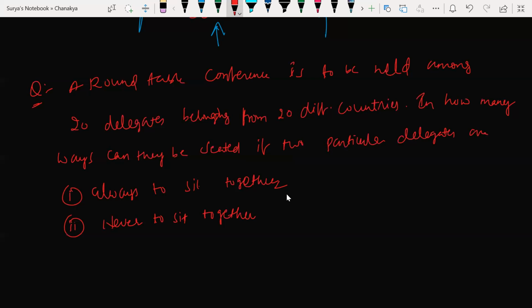A round table conference is to be held among 20 delegates belonging from 20 different countries. What do you mean by delegates? A delegate is nothing but a representative, a person who organizes, like a team leader. In how many ways can they be seated if two particular delegates always sit together and never sit together?